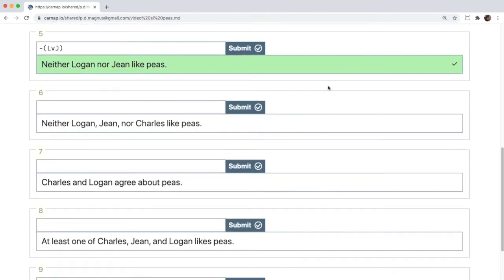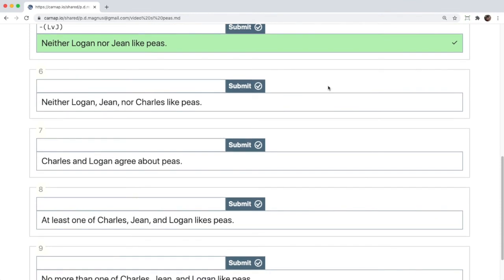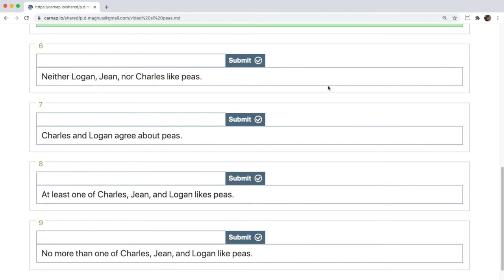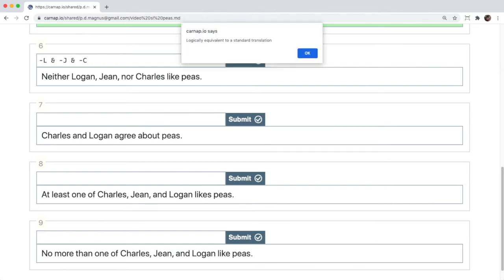Now, as we move through the problems, we're getting to some harder ones. Neither Logan, Gene, nor Charles likes peas. All right. We could think about that the first way we thought about the other one. We could do not L and not J and not C. Carnap says, yes.